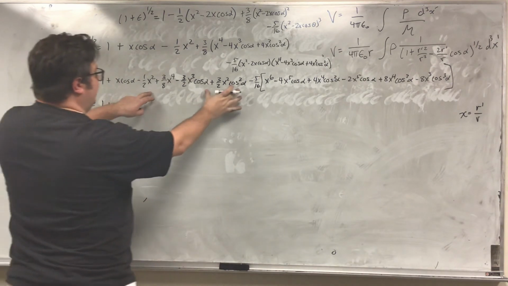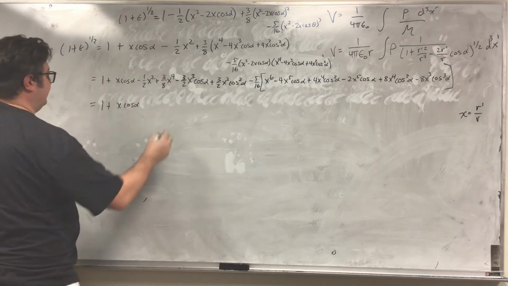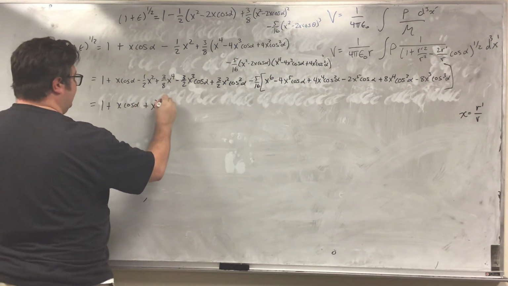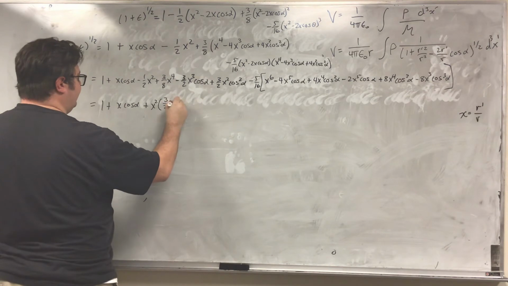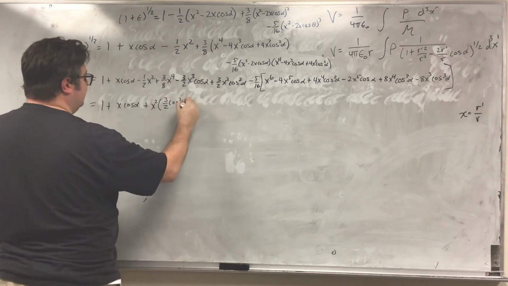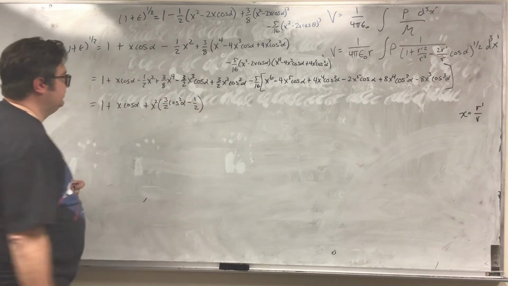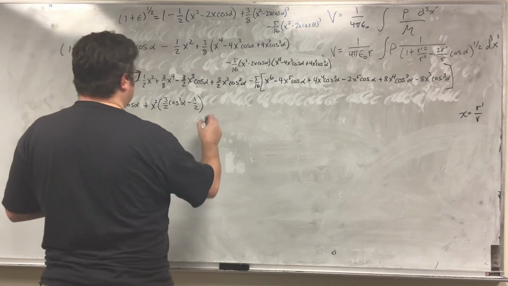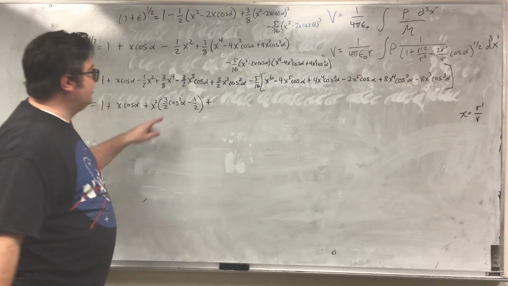And now I'm going to go ahead and group my x squareds together. So I get plus x squared (3/2 cosine squared alpha minus 1/2). That's interesting. Right? And now let's get the cube term.